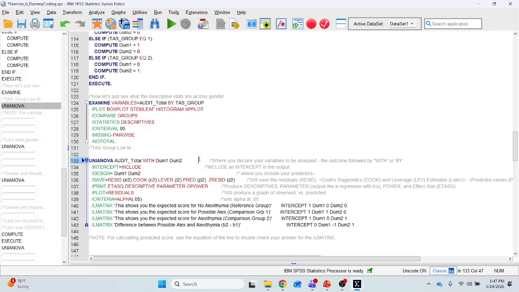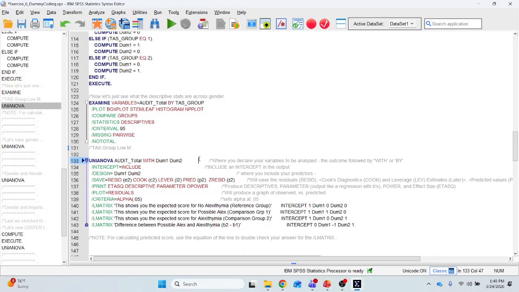If you look at these three things, this is just calculating. The first three L matrix lines are just calculating the mean score. Remember, everything is being compared to the reference group.